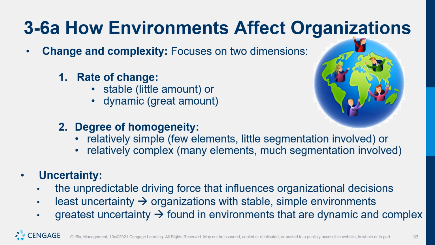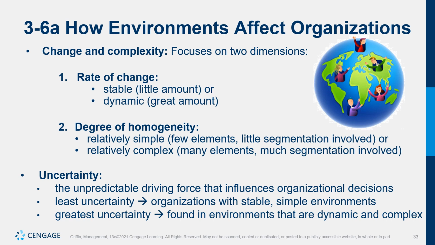How environments affect organizations. Environmental change and complexity focuses on two dimensions. First, the rate of change, whether the rate is stable, wherein the rate is considered only to be of a little amount, or dynamic, which involves a great amount of change.